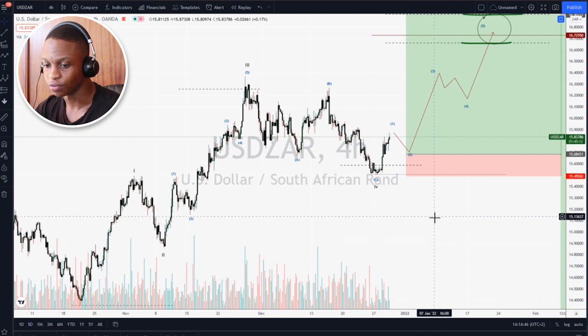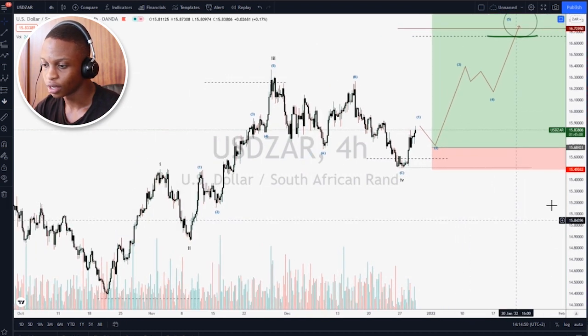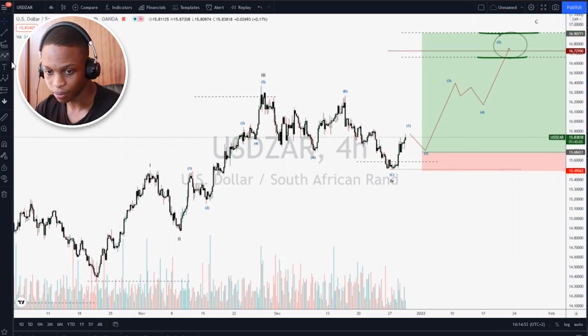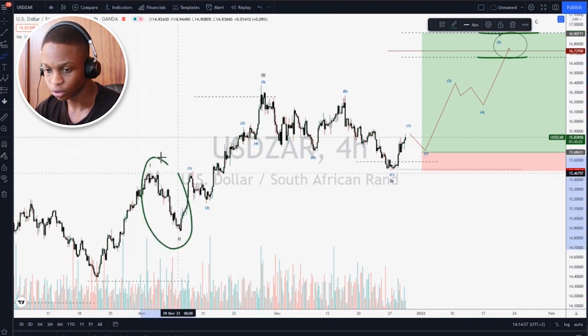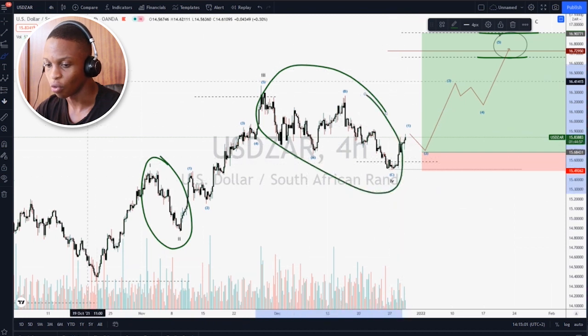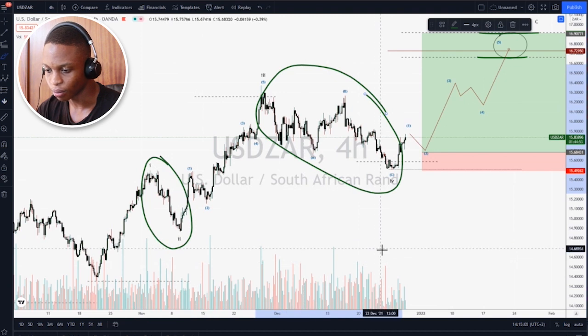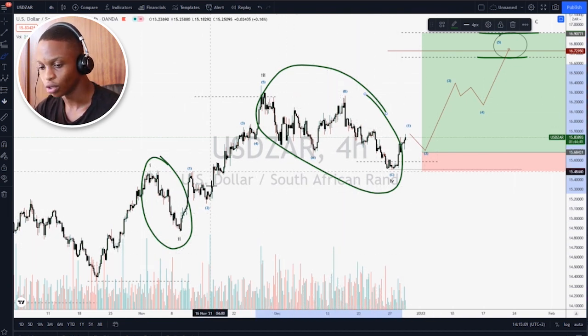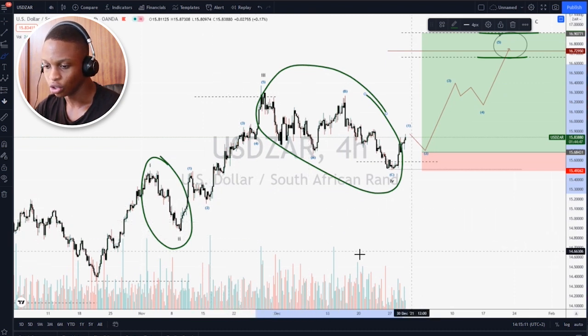And I would just like to visually show you the different explanation of how wave 4 and 2 really look the same. See, in this case, we have a very sharp wave 2 move, okay? And we have a very long wave 4 move. So you will see this almost everywhere in the market. If you pay attention to your rules, your guidelines, you will see.